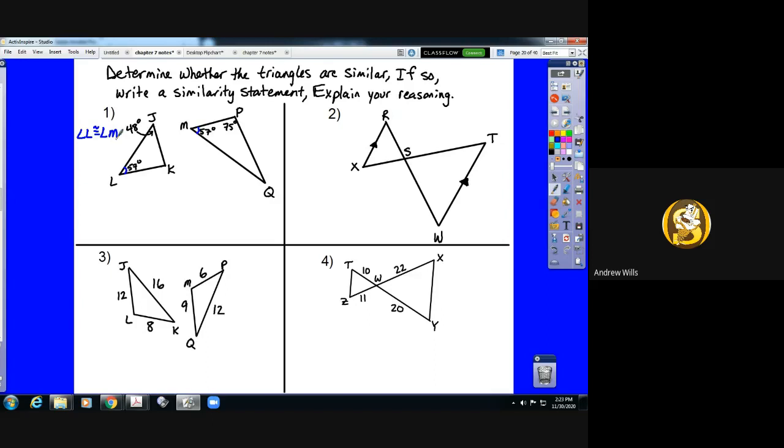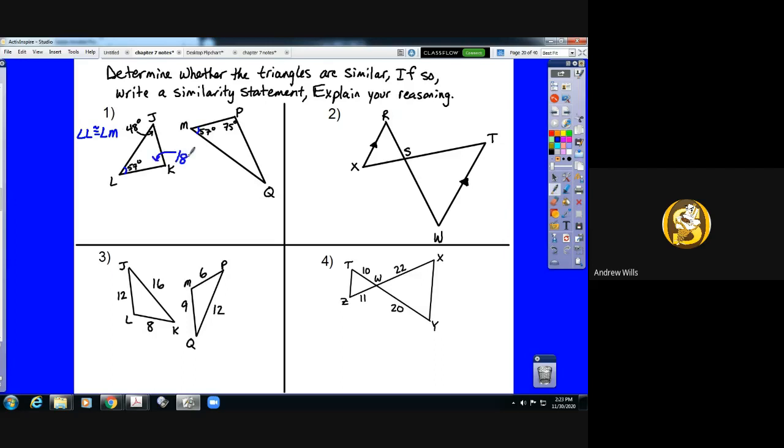Now, the second set of angles, we have to be a little bit craftier. We have to think, because the second number they gave us, those do not match. 48 is not equal to 75. But we can find the third angle in either one of these triangles.